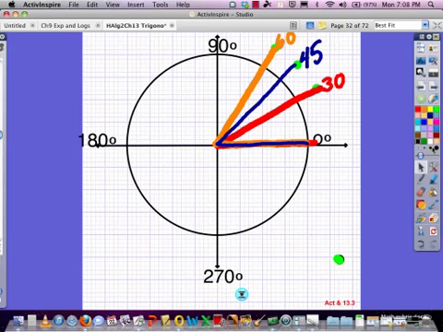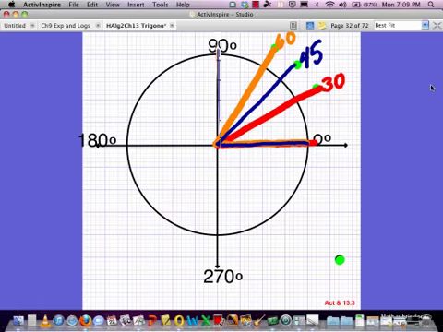It's where it intersects the unit circle, so we're talking about that spot there, and that spot there, and that spot there. So not out at the end of the ray, right on the unit circle. With that, you should be able to do sine of 30, cosine of 30, cosecant, any of those, tangent of 30, 60, and 45.